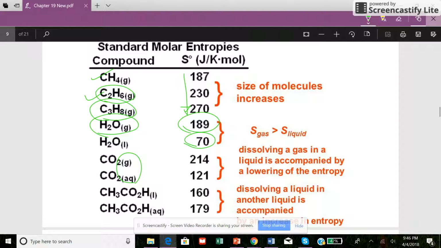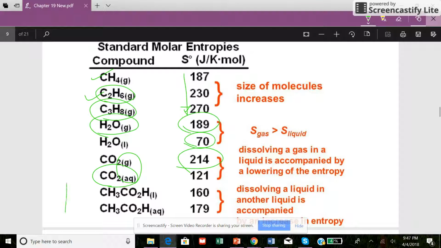There are no intermolecular forces among the molecules at all. Versus aqueous, yes, it is disordered, but it is still in the liquid phase. There is still intermolecular force between that compound and the water molecules. So the gas phase should have the highest entropy.